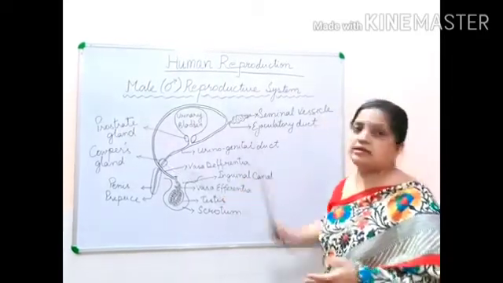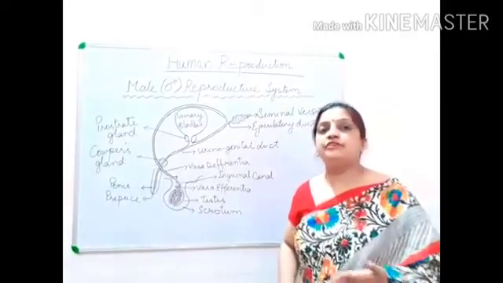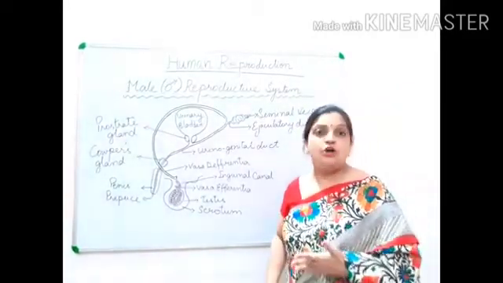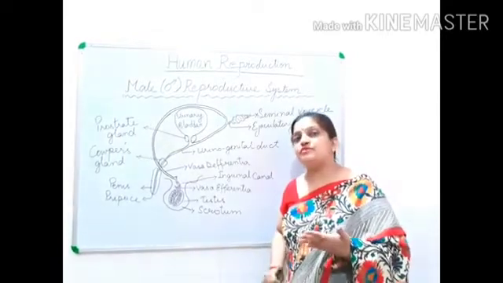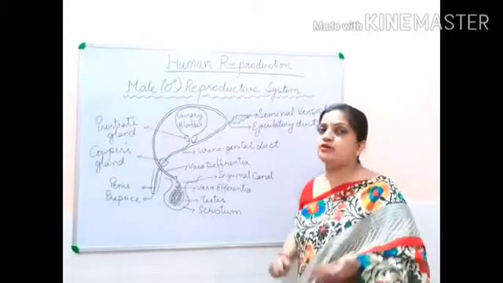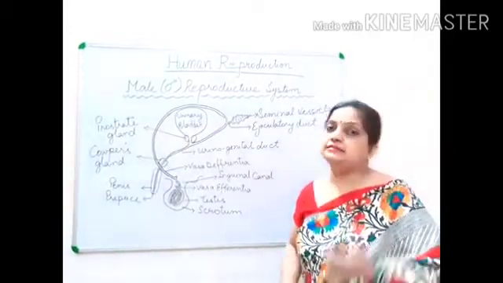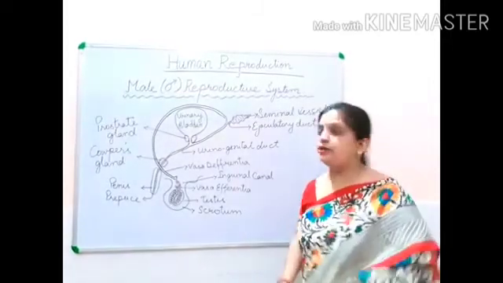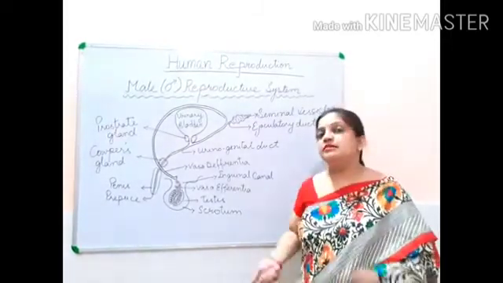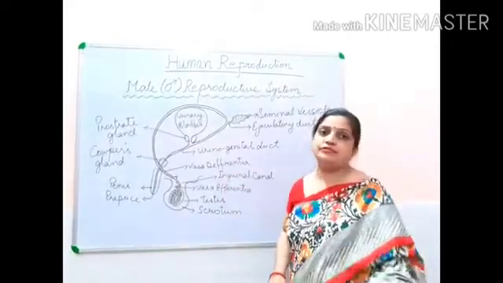These three glands are responsible for the secretion of different types of chemicals so that the flow of sperm, the movement of sperm and the release of sperm can be easily done inside the male body, as well as during the transfer of the sperm into the female's body.